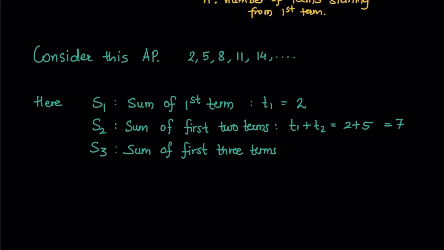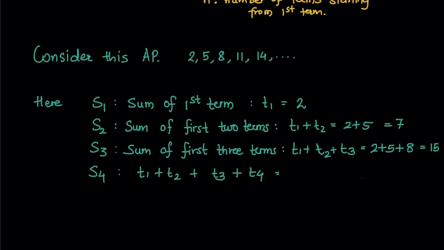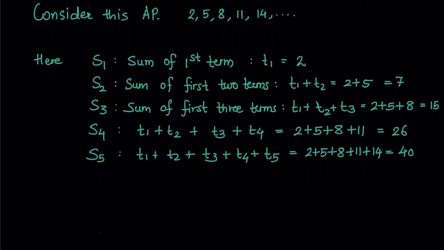Then the sum of three terms will be 2 plus 5 plus 8, which is 15. Then the sum of the first four terms will be 2 plus 5 plus 8 plus 11, which is 26. And the sum of five terms will be 2 plus 5 plus 8 plus 11 plus 14, which is 40.